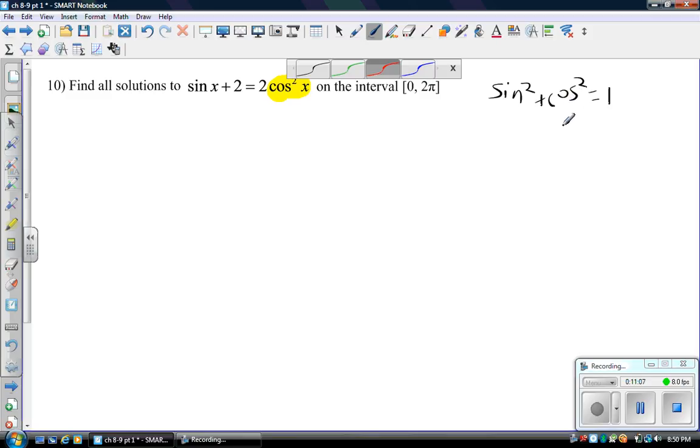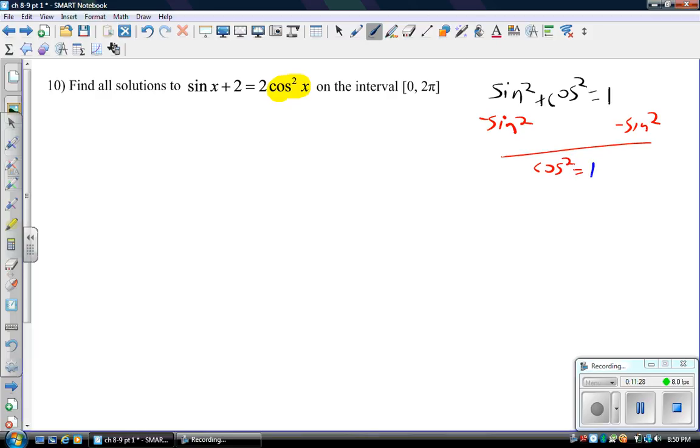Just like you would do in a chemistry or physics problem when you're given the formula, but you have to move it around to solve for what you want. So I would just minus off sine squared. So now I have that cosine squared is actually equal to 1 minus sine squared.